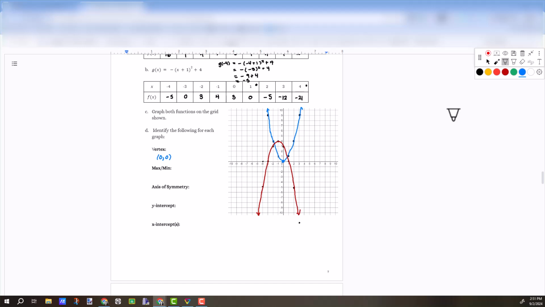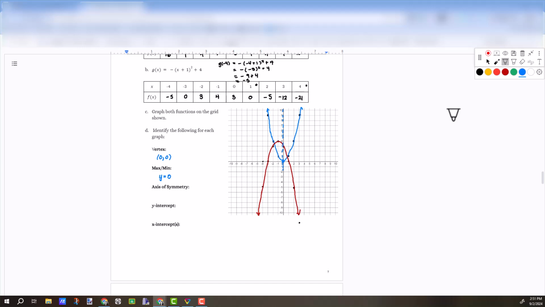And then it says, what is the maximum or minimum? Well, again, the minimum y value is y equals 0 for the blue because it has a minimum. It's opening upwards. Now, the axis of symmetry, remember that's that imaginary line, and we're going to be finding the equation of it. So if I drew a line that cut this perfectly in half, it would go down through here.